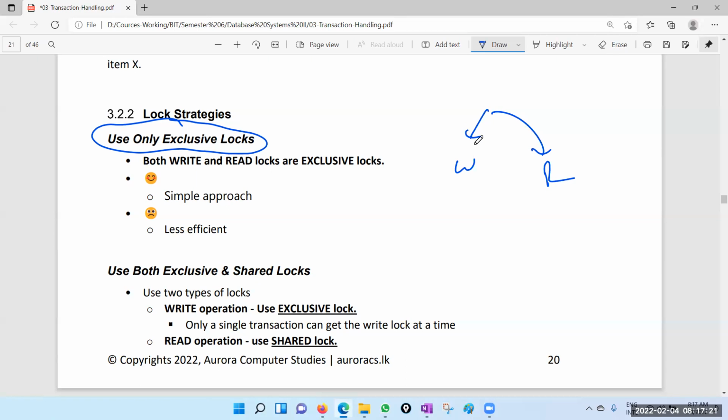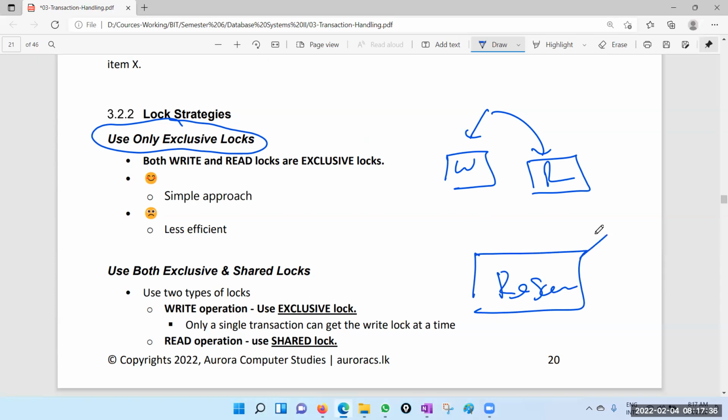In the exclusive lock strategy, both write and read operations need exclusive locks. Every resource has two locks, the write lock and the read lock. If you want to write, you need the write lock. If you want to read, you need the read lock. So the exclusive strategy means both write lock and read lock are exclusive. Only one transaction can have the write lock, and only one transaction can have the read lock.